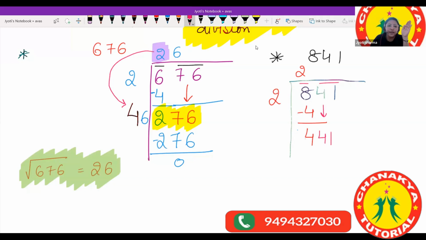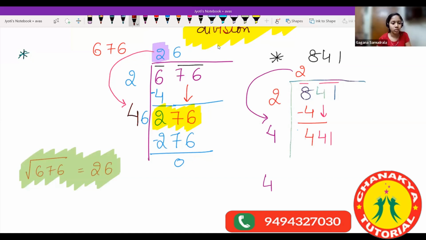Lasya, very good, correct answer. Now, you will be taking double of 2 here, 4. Now, we need to keep a number with 4 which gives you the same number. Now, kids, understand. If you see in your 441, you have 1 on the unit place. So, in how many numbers do you get 1 as the unit place? 2 numbers, ma'am.